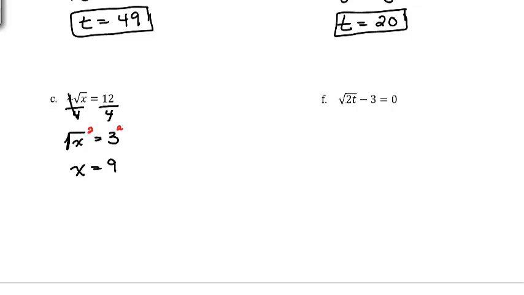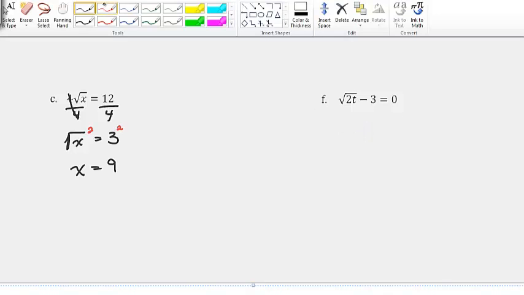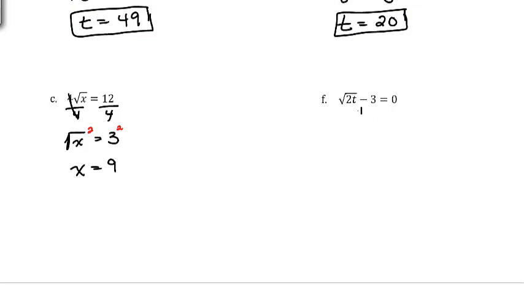In example F, we have the square root of 2t minus 3 equals 0. Again, we have this minus 3 outside of the square root, so we need to undo that. So we're going to add 3 to both sides, and that'll give us the square root of 2t equals 3.